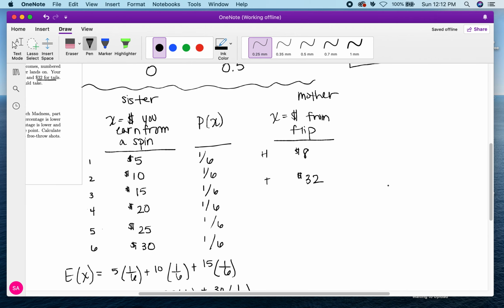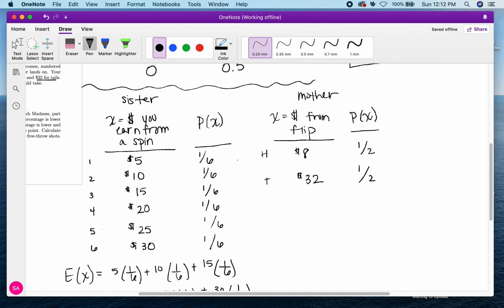And those are the only two options, right? That's the only two possibilities anytime you flip a coin. So let's look at the probability of those. Now, we've done coin flips before. The probability of flipping a head on a coin flip is 1 out of 2, 1/2. Probability of flipping a tails, 1/2 as well.